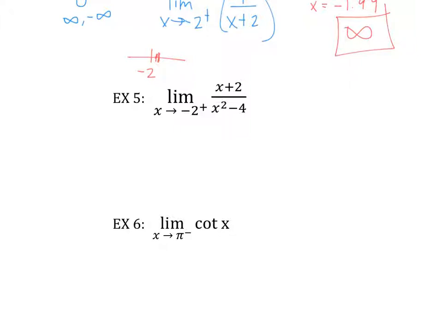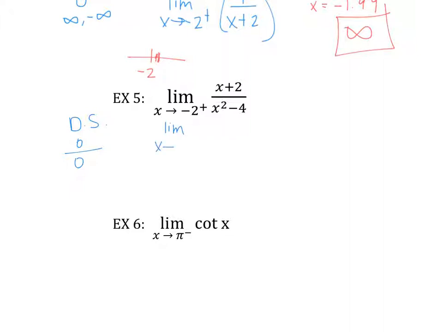All right, hopefully on 5, when you did direct sub and you're plugging in -2 from the right, again, -2 plus 2 is 0, -2 squared minus 4, well, that's 4 minus 4. Oh, I get 0 over 0. Friends, when I get 0 over 0, that's not plugging in something close. That's the indeterminate form. I think back to, oh, when I have the indeterminate form, what are my steps?